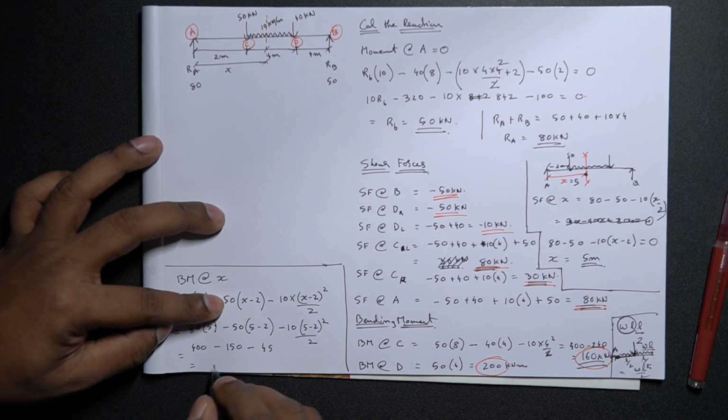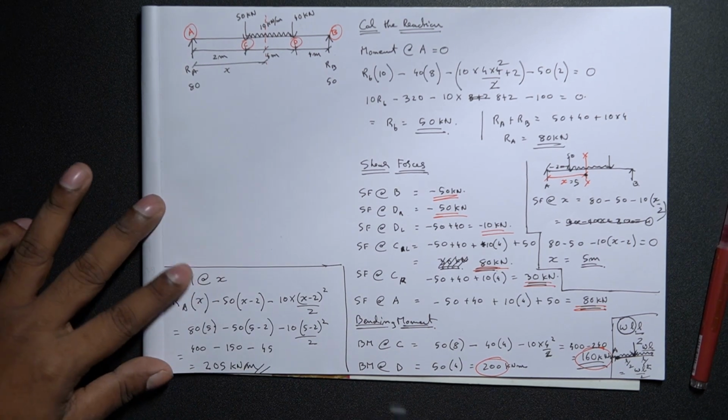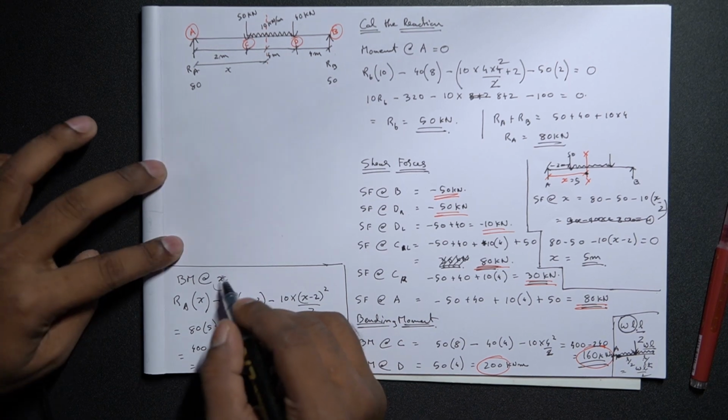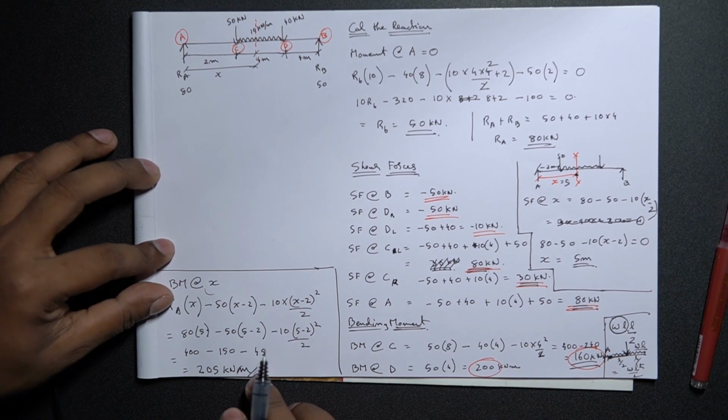So this should be 205 kilonewton meter. So 205 kilonewton meter is the bending moment at x, and that is the maximum bending moment that can occur.